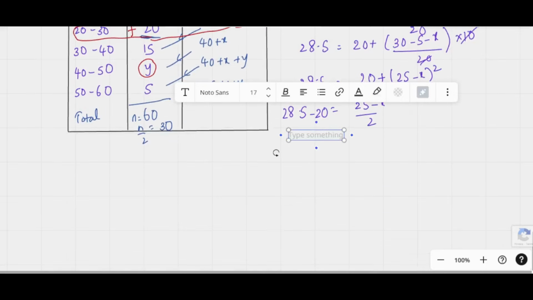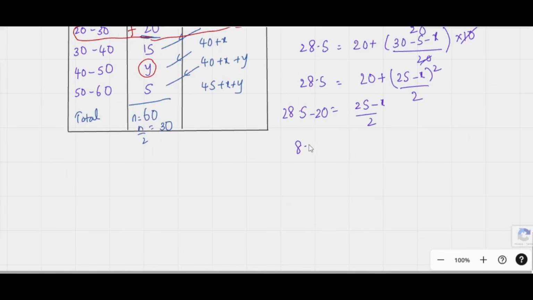So then it will become 8.5 is equals to 25 minus x by 2. So 8.5 into 2 is equals to 25 minus x. That is equals to 2 5s are 10, 2 8s are 16, 17. 17.0 is equals to 25 minus x. Therefore, x is equals to 25 minus 17. So what is 25 minus 17? 8. So we got the x value as 8 directly from the median.